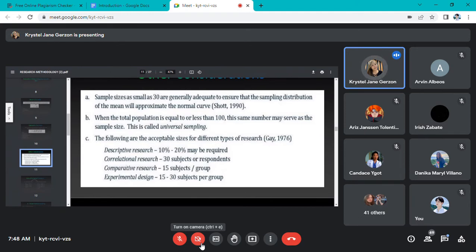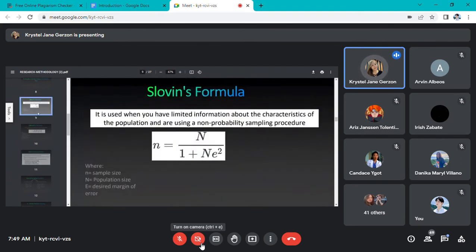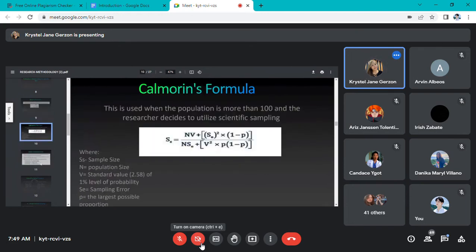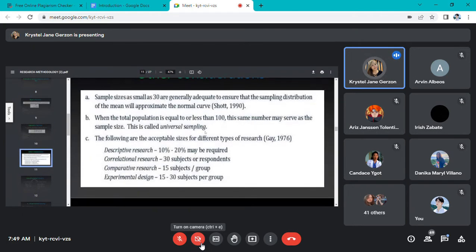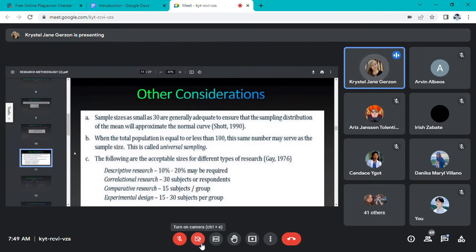For comparative, if you compare male and female, 15 male and 15 female is already adequate, so 15 per group. And for experimental, 15 to 30 subjects per group. So again, you may choose to use a formula, or you may also use other considerations in determining how many respondents you should have.